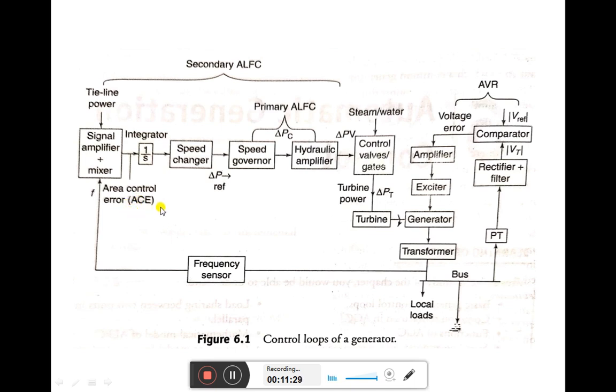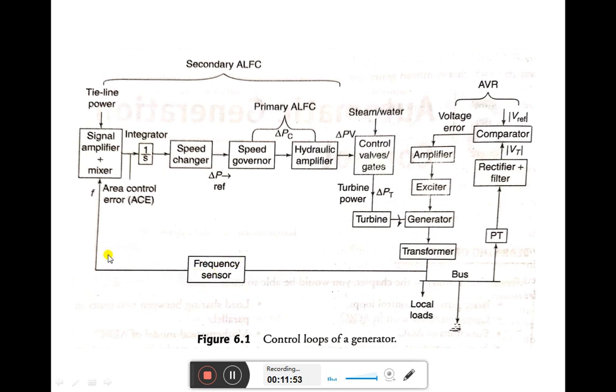This area control error will be in terms of the frequency deviation as well as the power. It will be in terms of megawatt per hertz, and from the end where we are feeding the power to the load, we take the actual frequency with the help of a frequency sensor.